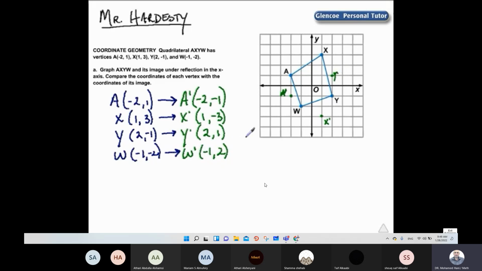And W prime is at (-1, 2). Now we'll connect all of our points and build our quadrilateral that will be the reflected quadrilateral in relationship to the original AXYW in the x-axis.